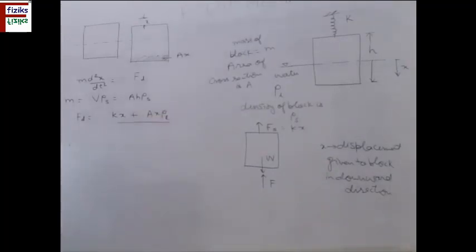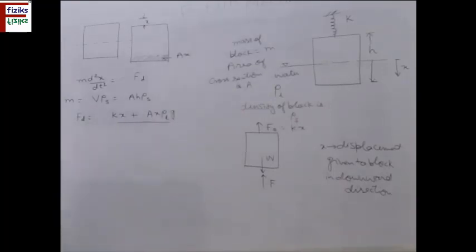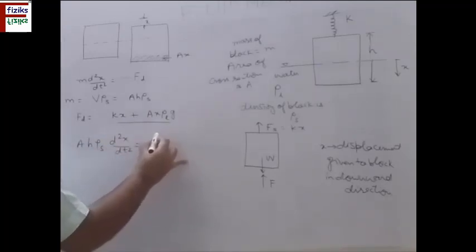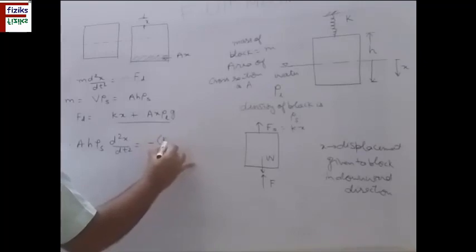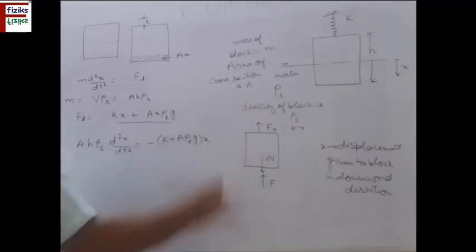This is the mass of the liquid multiplied by G, weight of the liquid. So I can write the equation as A H rho S d2x by dt square equal to minus of K plus A rho L G into X.